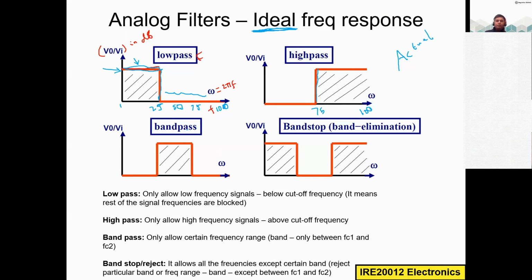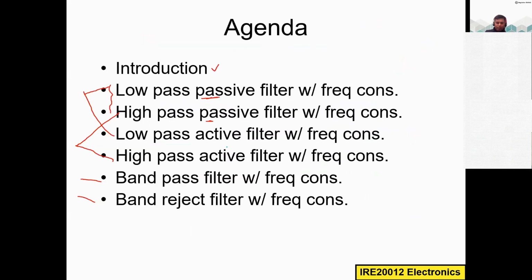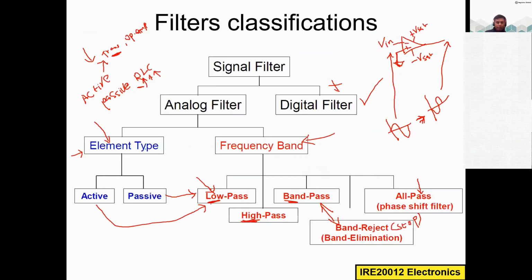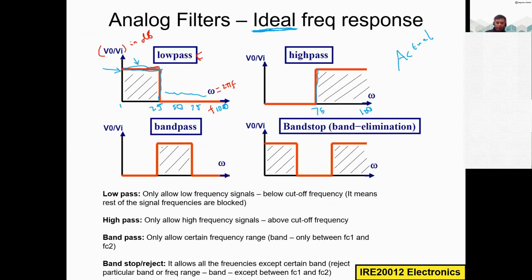And the band pass filter. As I told you in the beginning, in the first part of the lecture, the band pass filter is only passing a certain band of frequencies. In our example, we had seen the number 26, I think, up to 74 kilohertz, right? So it does not pass from 1 to 25 kilohertz.